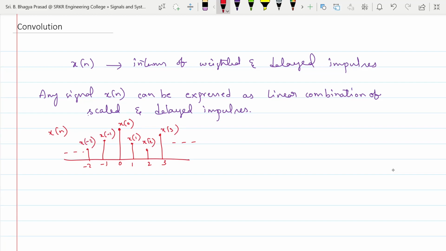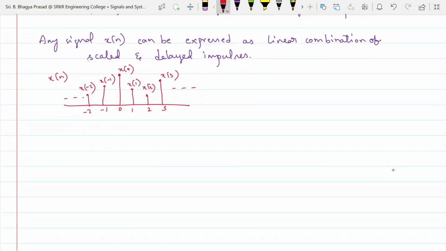So let us see how x of 0 is represented. This is represented as x of 0 times del n. With the help of an impulse, we are representing the value at position 0, x of 0, del n.